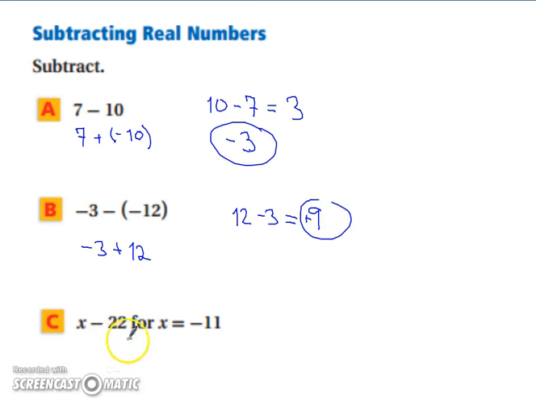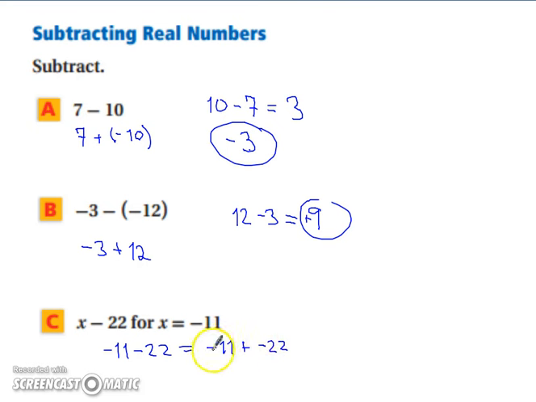Let's look at C. We have x minus 22 and x equals negative 11. So we're going to substitute negative 11 in for x and then try to solve. So we have negative 11 minus 22. We can rewrite this as negative 11 plus negative 22.